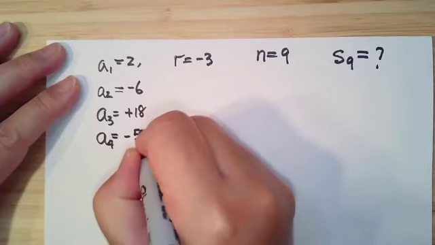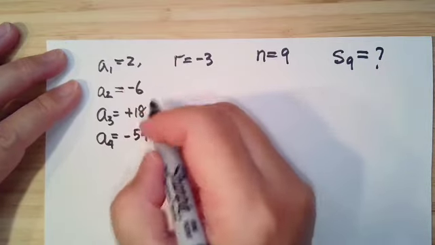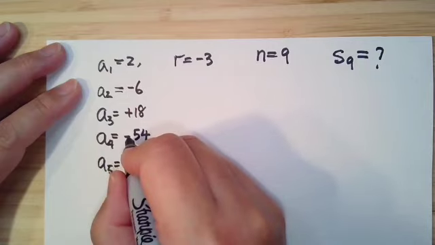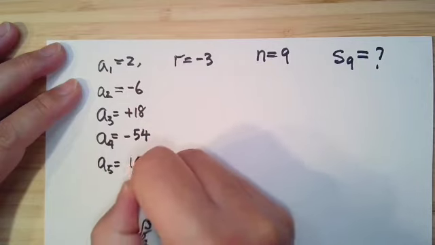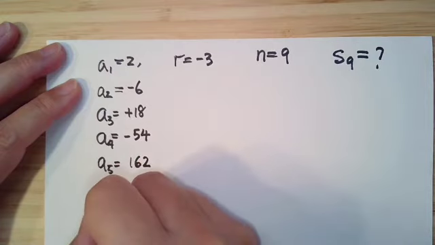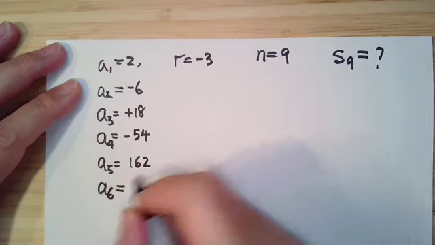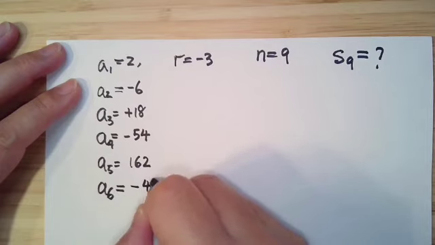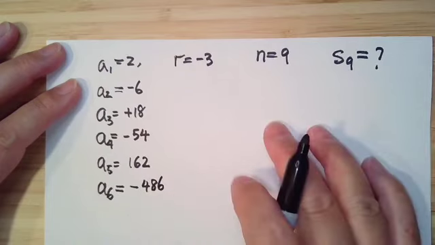I have -54. See, common ratio, right? So A5, this times -3, I get 162. And A6 times -3 again, I get -486.